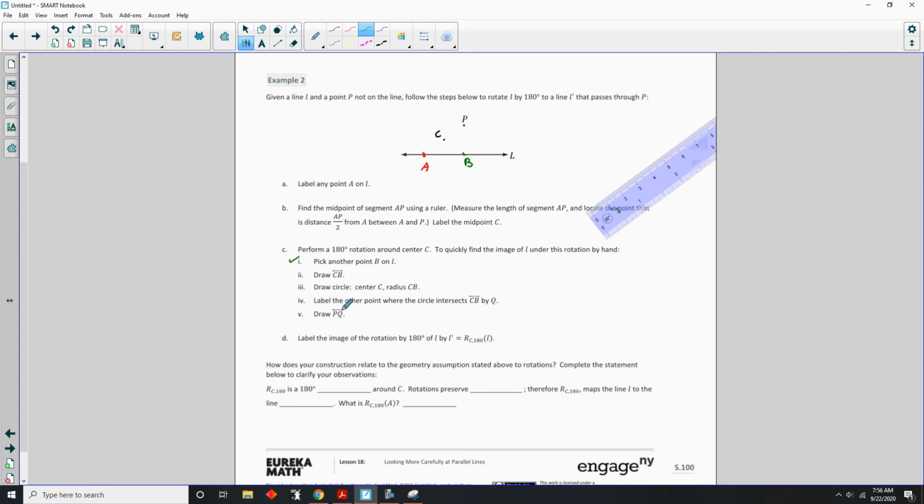Step 1 done. Draw a line CB. Okay, there's line CB. Draw a circle, center C, radius CB. So now I need my compass.